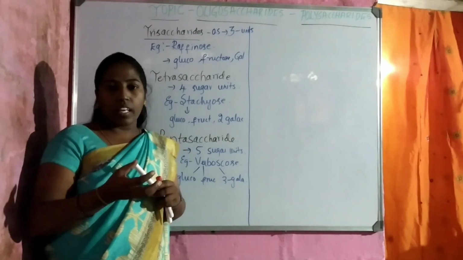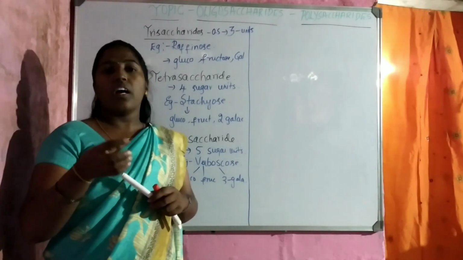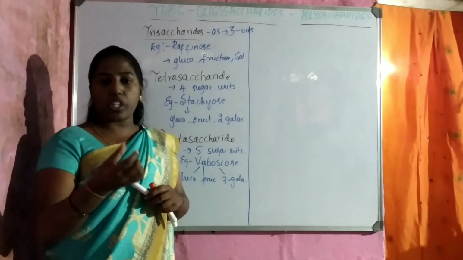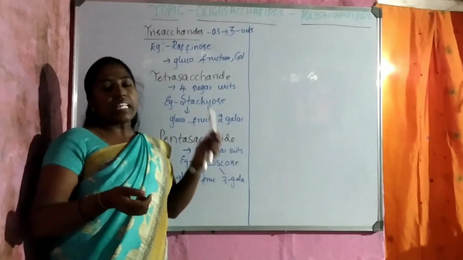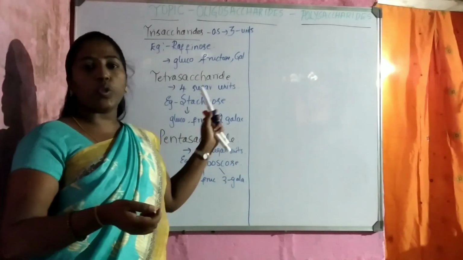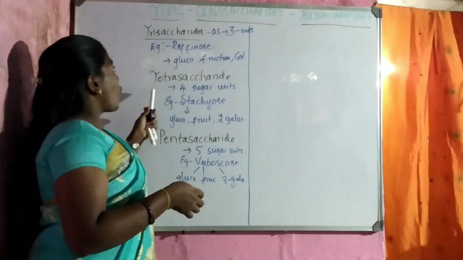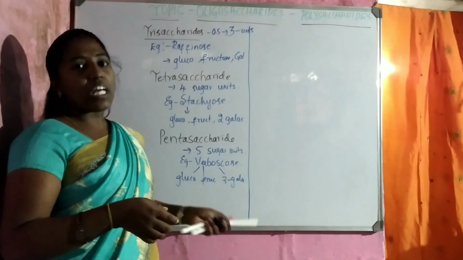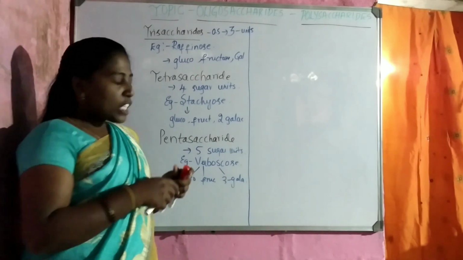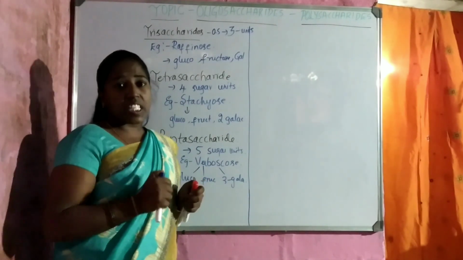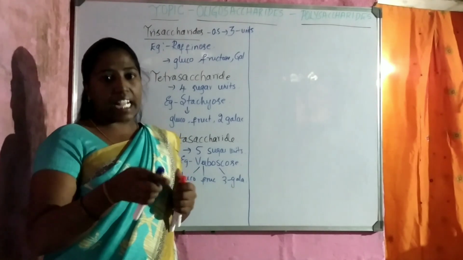It helps in softening of stools, and it also helps in the growth of good bacteria in the intestine. That is the role of some of the oligosaccharides. Next, we are going to discuss polysaccharides in detail.